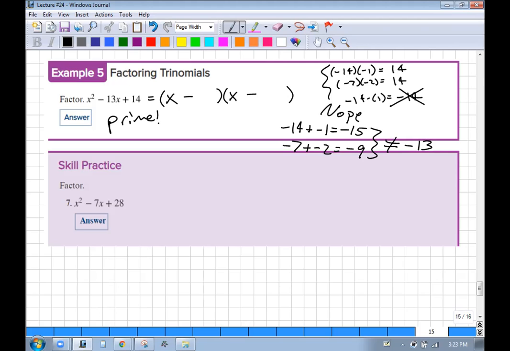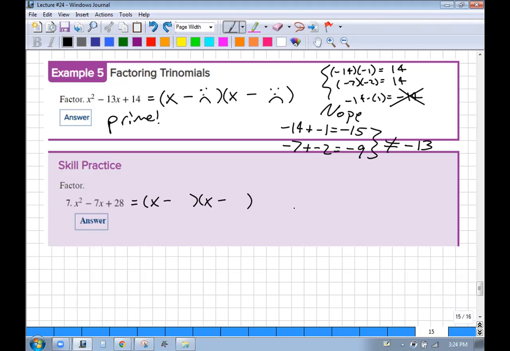There just isn't a number combination. So we'd have to step outside of integers and use some ugly numbers. So this one, if we try this one, we need an x and an x. And again, we have a minus and a positive, which means we need a negative and a negative, because two negatives multiply to give us a positive, but two negatives add to give us a negative.